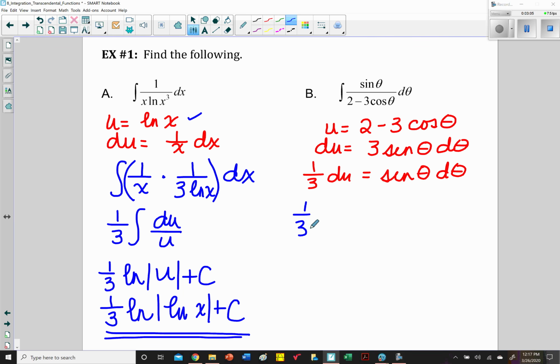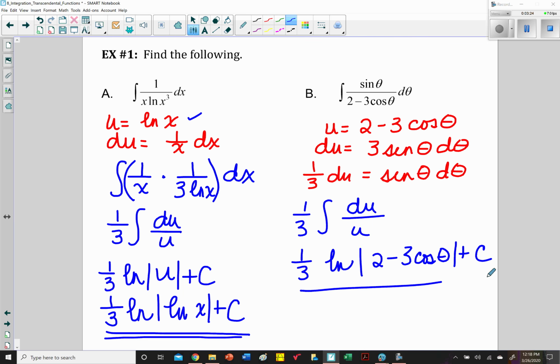And then integrate 1/3 of du over u, which is 1/3 natural log of u, but our u is 2 minus 3 cosine theta. And then remember to add plus c.